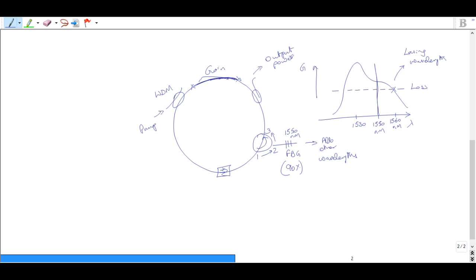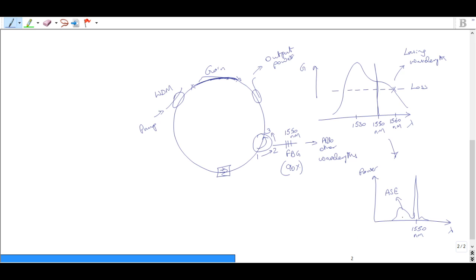Then there is a question about ASE power. Whenever this sort of oscillation happens, when you look at the power spectrum as a function of wavelength, we see that you have this large oscillation at 1550 nanometers, but you also have, because of amplified spontaneous emission, some light around 1550 nanometers, corresponding to the amplified spontaneous emission.